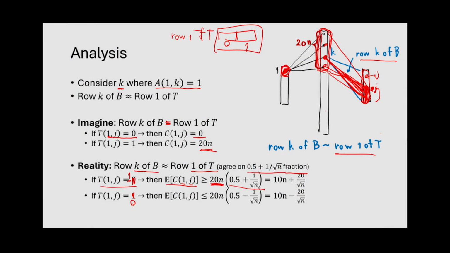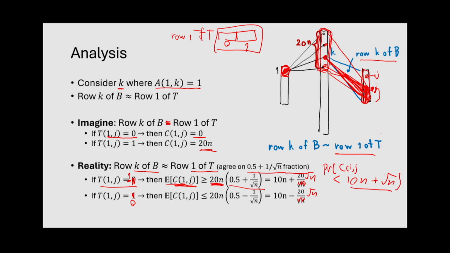So you ask, if this is 1, what is the probability that the value of c is less than this much?